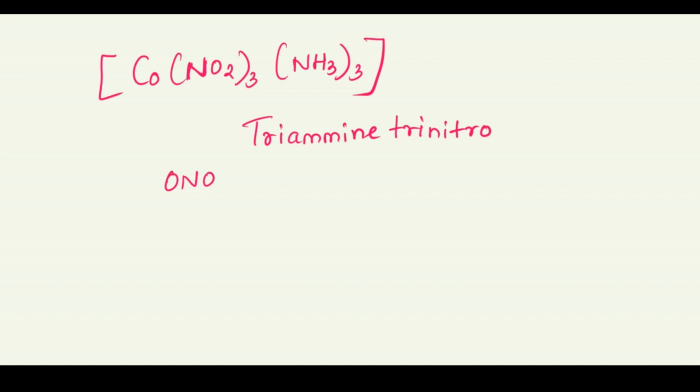So to mention that in the name, I am taking N. What is the central metal atom? Cobalt. And find out the oxidation state, which is 3 for cobalt. So that is the name of this compound.